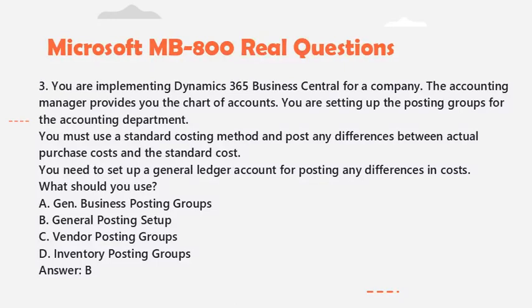You need to set up a general ledger account for posting any differences in costs. What should you use? A. General business posting groups. B. General posting setup. C. Vendor posting groups. D. Inventory posting groups. Answer: B.